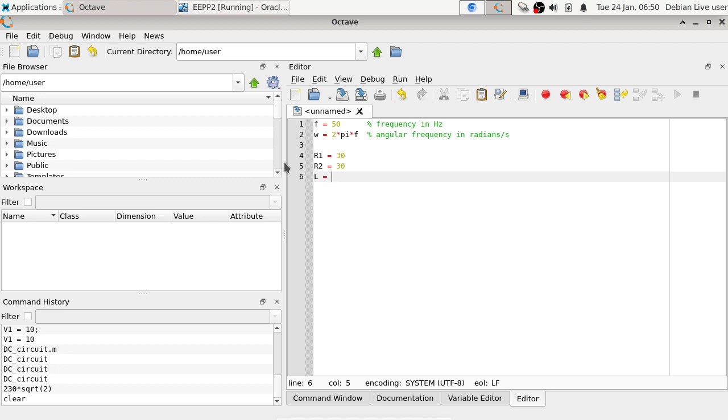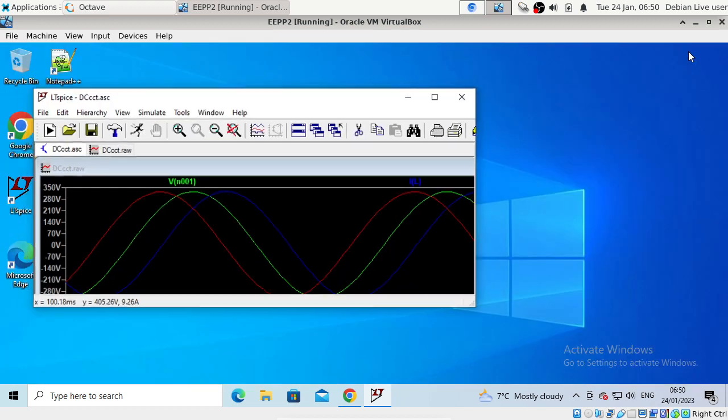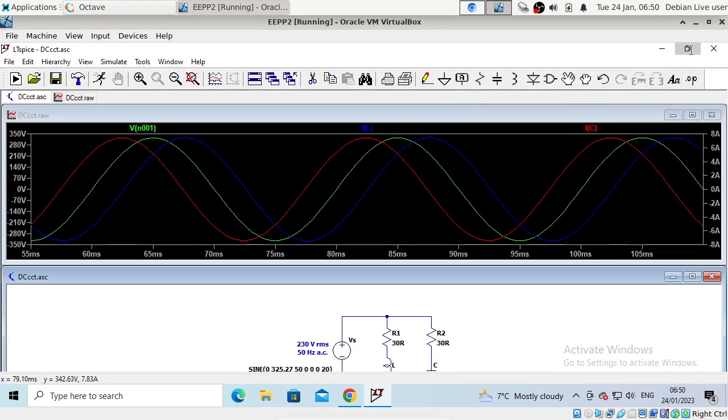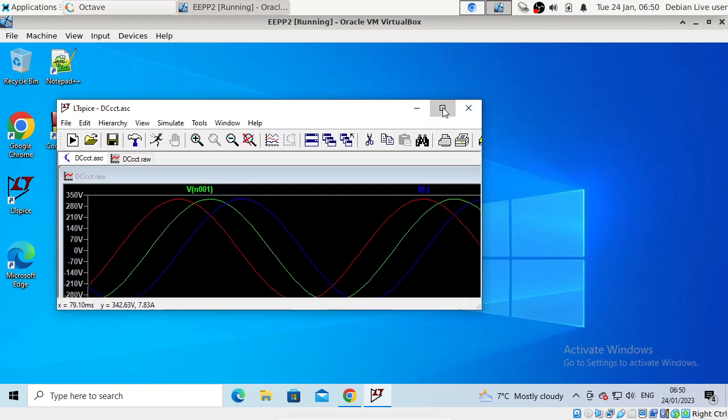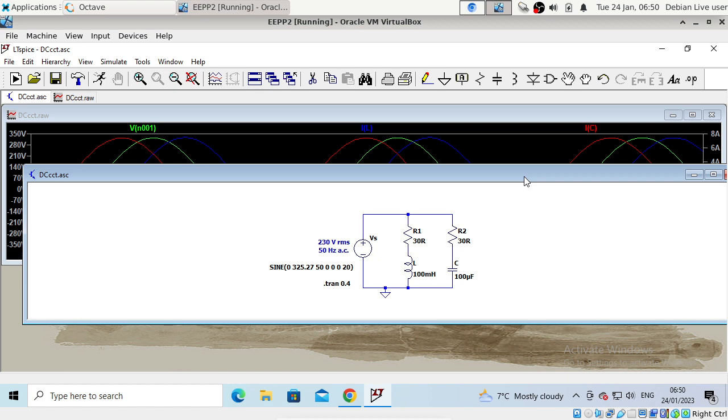L was, I think, 100 millihenries. Let's check it. Yeah, 100 millihenries and 100 microfarads.